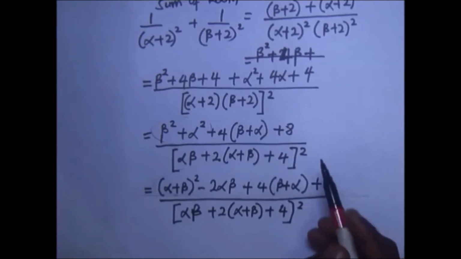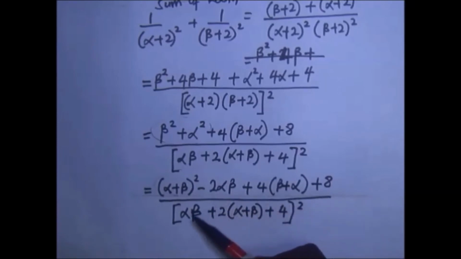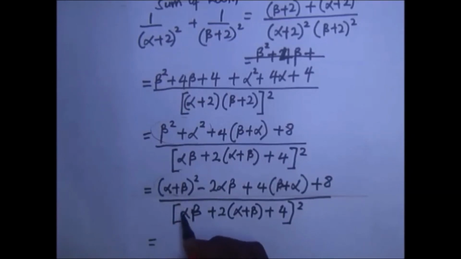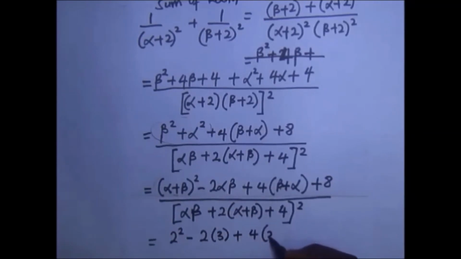So I think from here we can see that everything has been converted. It is in the form of alpha plus beta and alpha beta. So we shall just substitute. We know that the sum of our roots according to the question is 2. So this is going to be 2 squared minus 2 times 3 plus 4 times 2 plus 8.